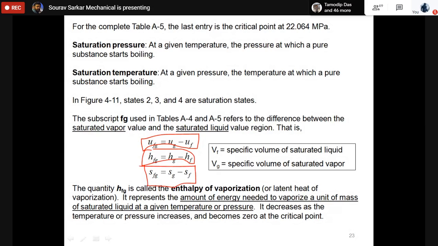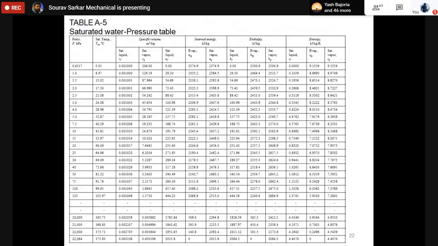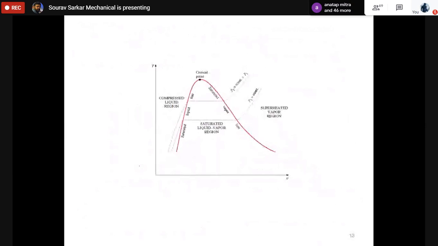What is the meaning of this? Just consider this is nothing but algebra: the saturated gas value minus the liquid value. This is F and this is G. Any state on this line is designated by F, and any point on this line is designated as G.